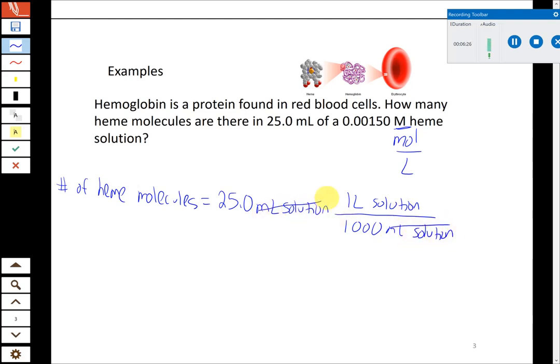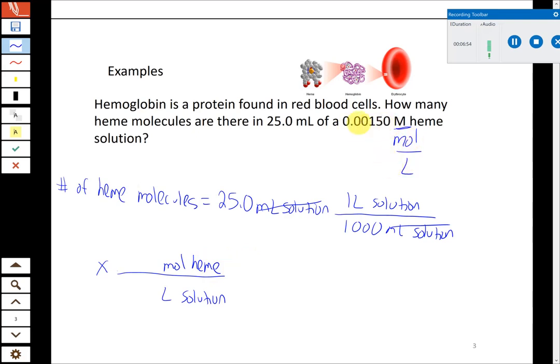And then when we're doing problems like this that involve molarity and trying to find number of moles, once we have liters of solution, we can use the molarity as a conversion factor, all right? So what we want is we want liters of solution to cancel out, and we want to get into moles of the solute, which in this case is heme. And what we remember is that molarity tells you how many moles there are in 1 liter.